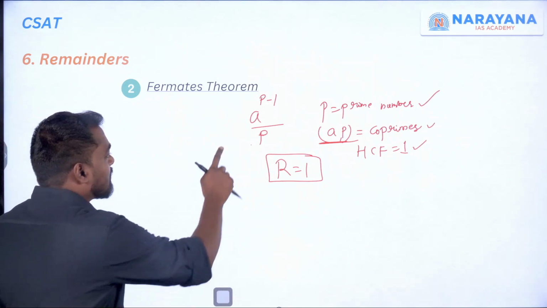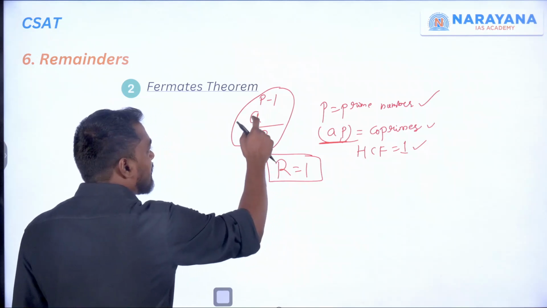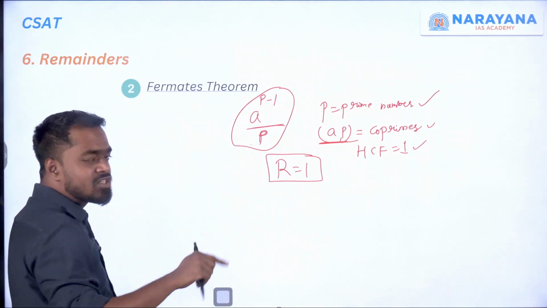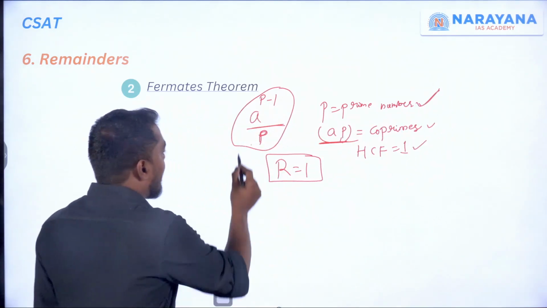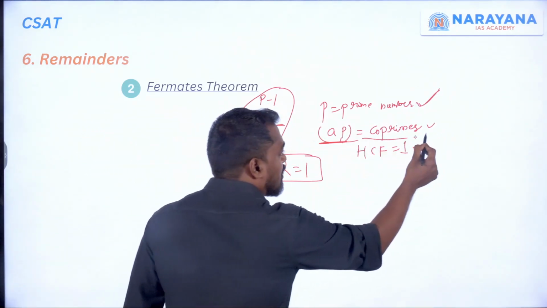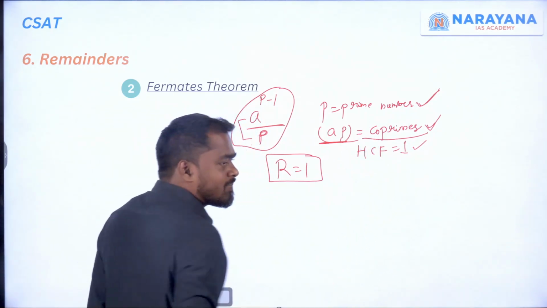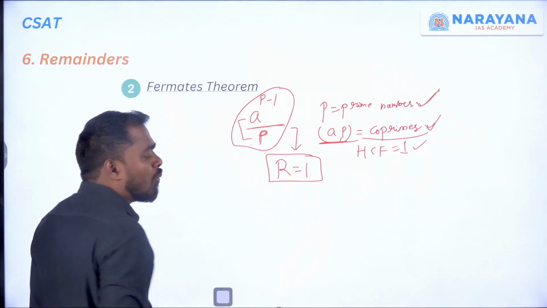So if there is any number in this form and it fulfills two conditions, p should be a prime number and both a and p should be co-primes, co-primes meaning their HCF should be 1, in that case always the remainder will be 1.